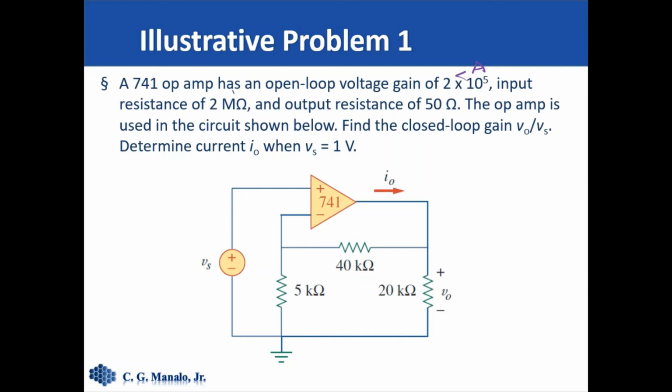So this one is our R sub I, and output resistance of 50 ohms. So this is our R sub naught. We are required to compute for the closed loop gain as well as the output current, assuming we have an input voltage of 1 volt.